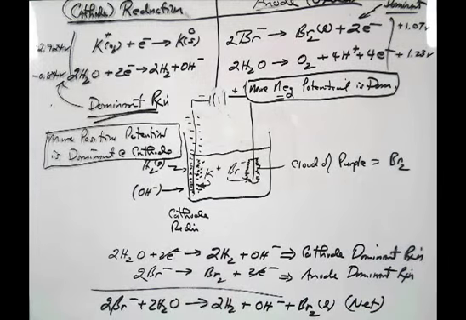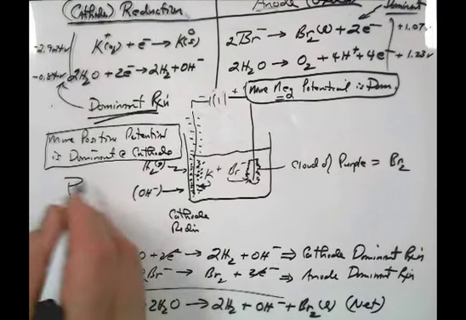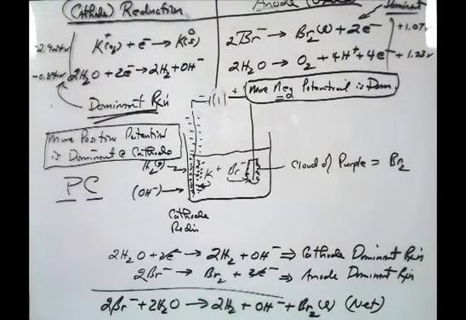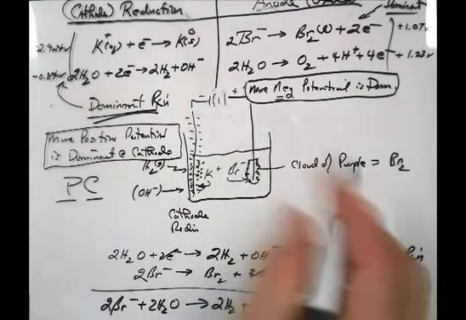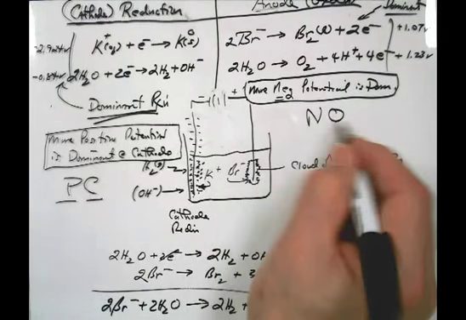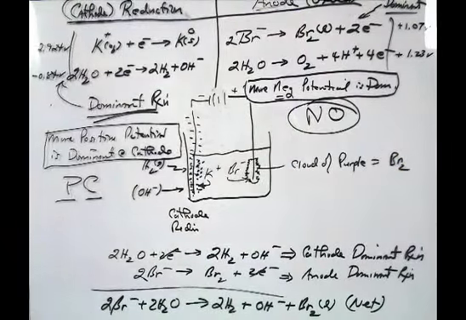For me to remember those, what I use is the acronym PC, like it's a computer or something. Positive is at the cathode, and the NO, negative, oxidation. Okay, negative is oxidation. Now what you use to memorize that's your business, but that's how I essentially do it.